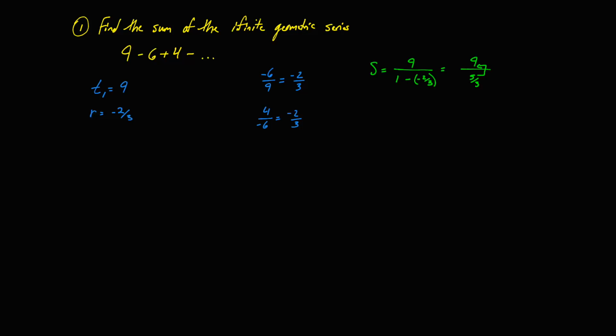And we have this multiplying. Change, flip. This is going to be 27/5. And that is your sum for this infinite geometric series. So I would say that's pretty simple once you get the hang of it and understand where this whole thing's coming from. It truly helps.